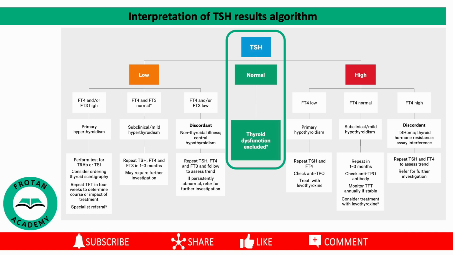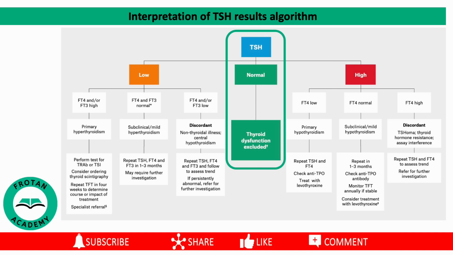However, if there is high suspicion for thyroid disease, TSH should be used in conjunction with free T4 and/or free T3 to exclude thyroid dysfunction. TSH alone may also not be useful in central hypothyroidism, pituitary resistance to thyroid hormones, and in acutely ill patients.